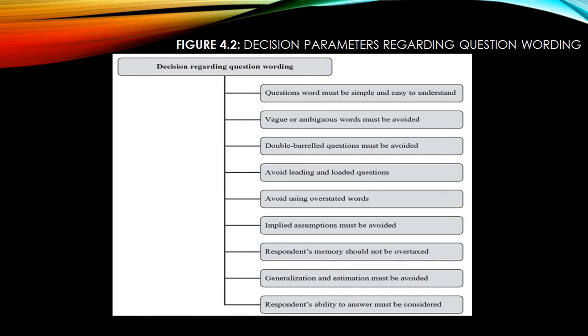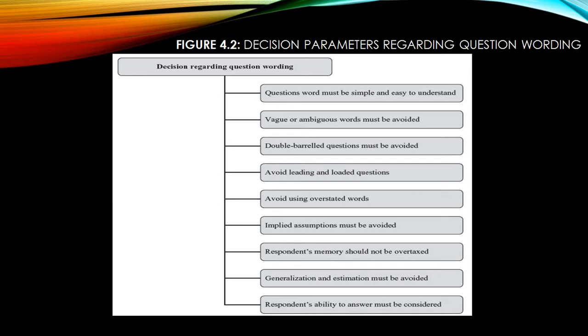Avoid using overstated words. Do not ever use stressed words. Do not emphasize or stress on words that can again create a bias. Implied assumptions must be avoided. Don't ever assume that the respondent would understand. You have to be very specific about each and everything.